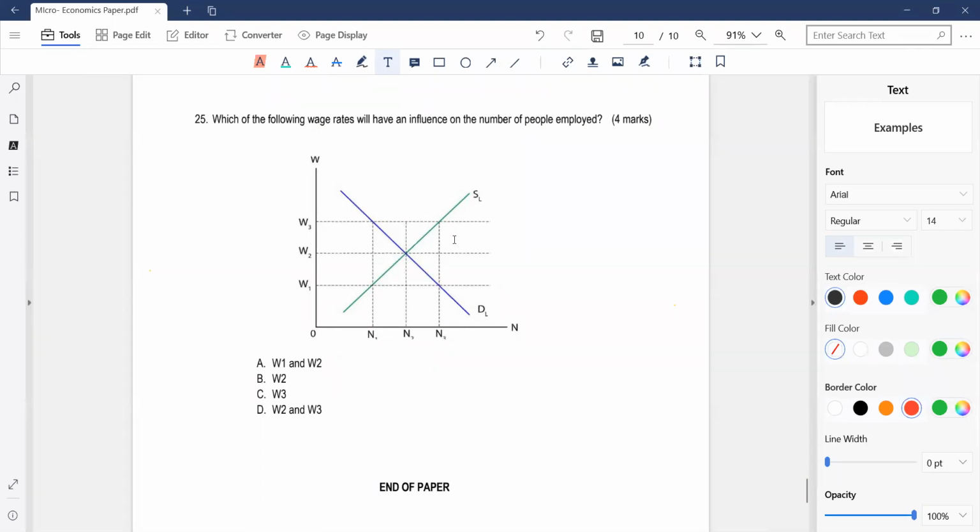But it is W3, usually, which is the minimum wage set by the government. So the answer for number 25 is C. That is the one that would cause an influence on the number of people employed. So number 25 is C, W3.